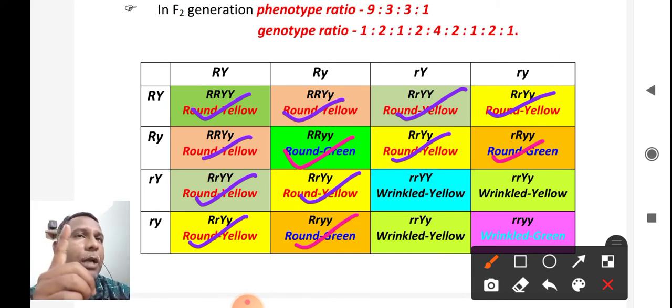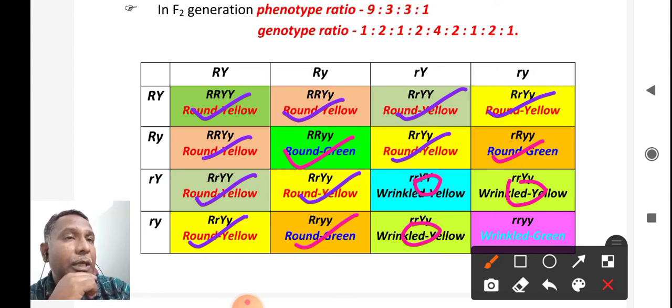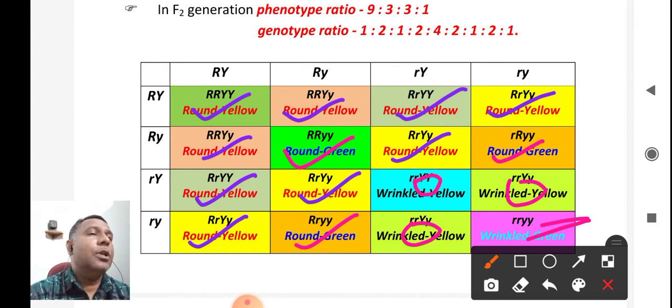So 3 are round green. Then wrinkled yellow: this is wrinkled yellow, this is wrinkled yellow, and this is wrinkled yellow. And at last it is wrinkled green, this one. So in that way the ratio is 9:3:3:1.